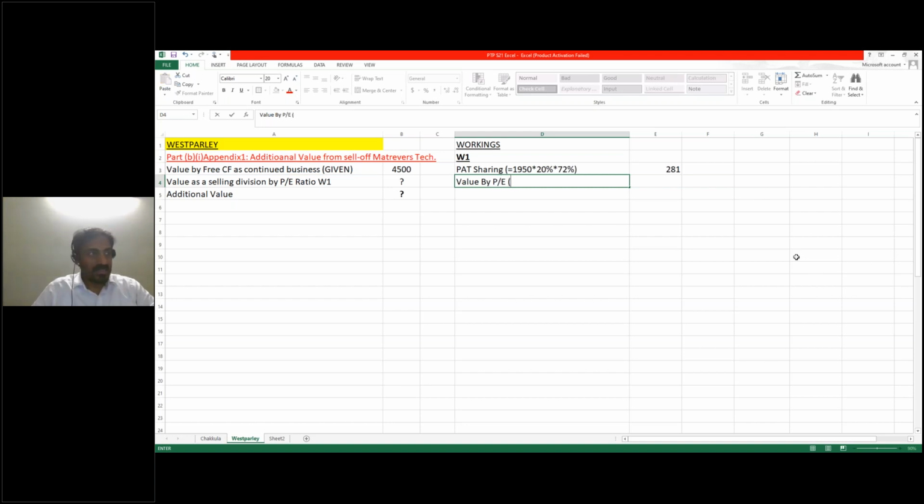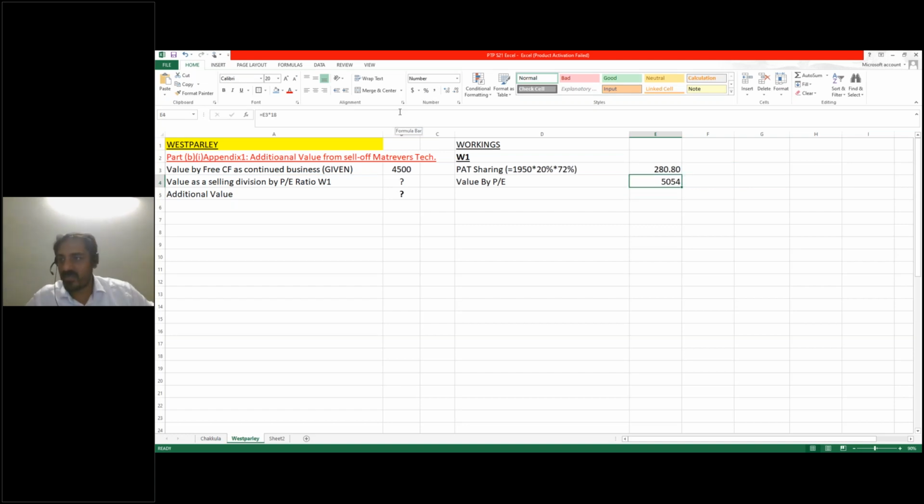Yes, that's 281 is equal to E3 multiplied by 18 times. That is 5054. That is 5054.